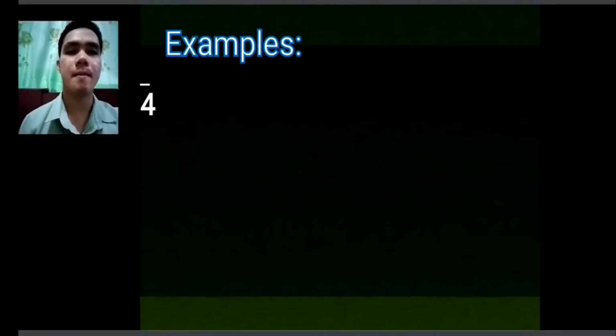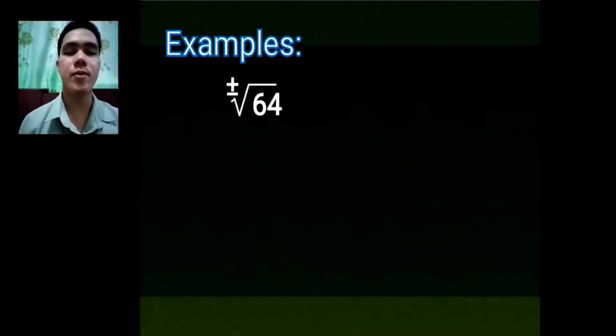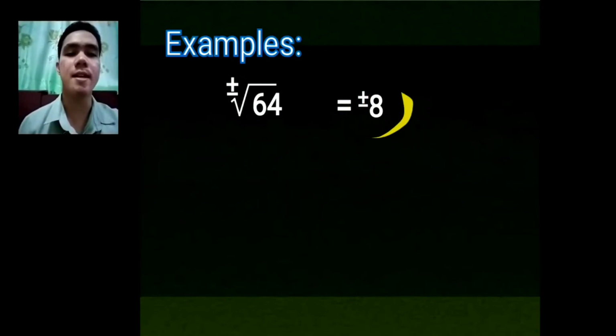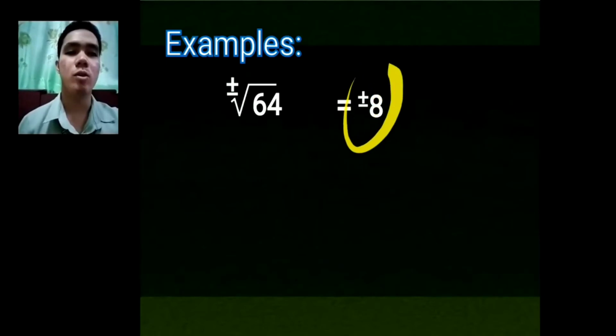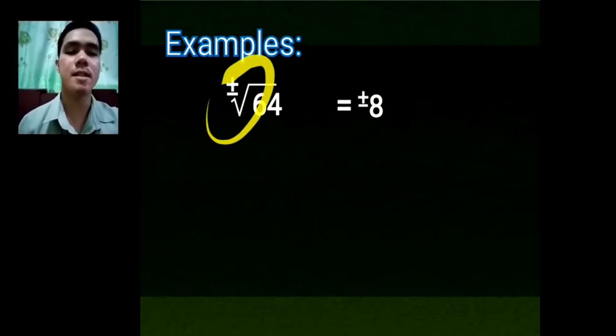Examples. As you can see, we have this symbol, plus or minus the square root of 64. That is positive or negative 8, because positive 8 times positive 8 is positive 64, and negative 8 times negative 8 is positive 64 as well. We have two roots here because of this symbol. How about this one?